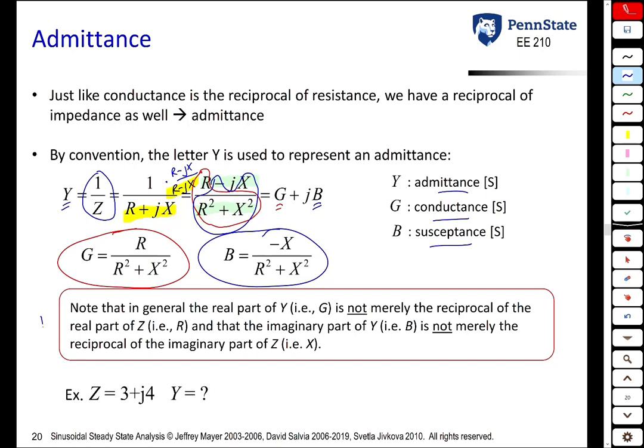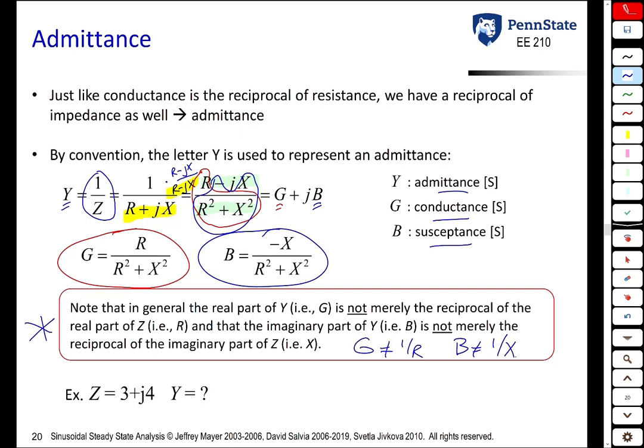An important point to make here is that even though admittance is a reciprocal of impedance, that does not mean that G is a reciprocal of R and B is a reciprocal of X. So G does not equal 1 over R and B does not equal 1 over X.